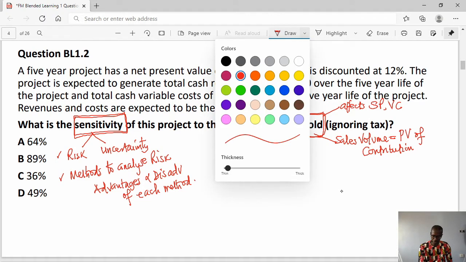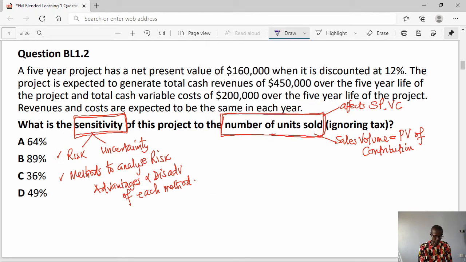For sensitivity analysis, the sensitivity of a project to any item is the net present value, NPV, over the present value of the item.